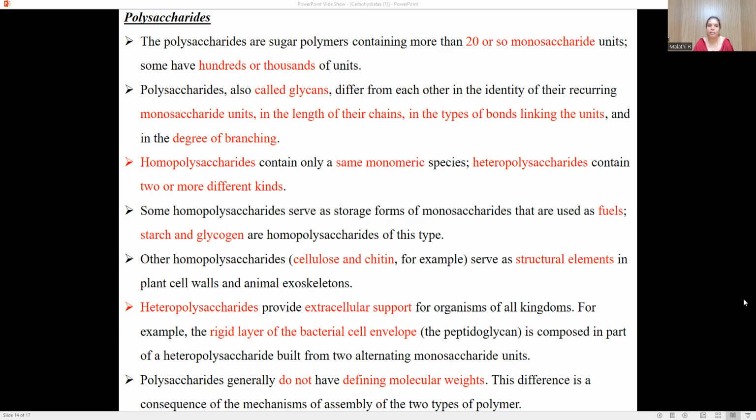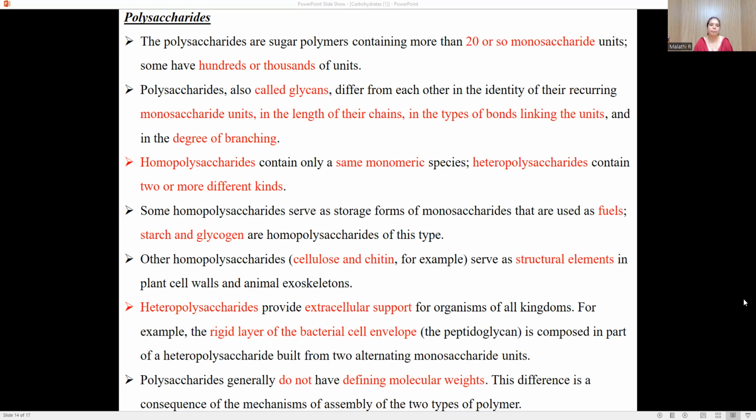Usually the polysaccharide is also called glycans. Here the units, length, and type of linkage will vary from one polysaccharide to another. Since you can have from 100 to 1000 or 20 and above, based on the number of monosaccharide units present, the molecular weight of each polysaccharide will vary.